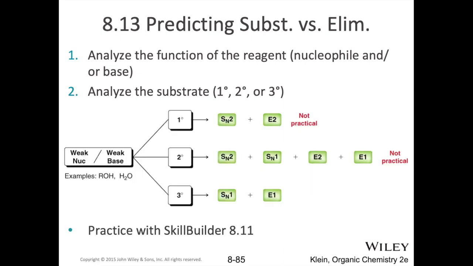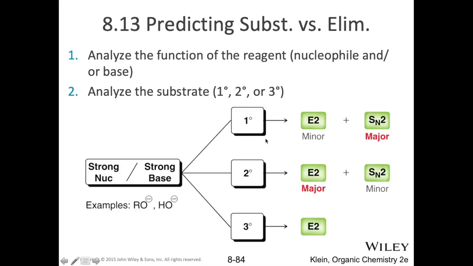What if you have a weak nucleophile / weak base? Now you can see where these things get even less practical. So you're getting a mixture of products again, right? Even though in the previous example with a strong nucleophile / strong base, we're getting multiple products if we have a primary or secondary substrate, at least the nice thing here is that we have a major product versus a minor product.